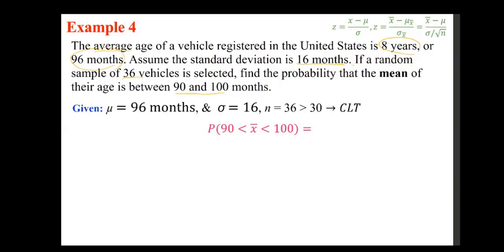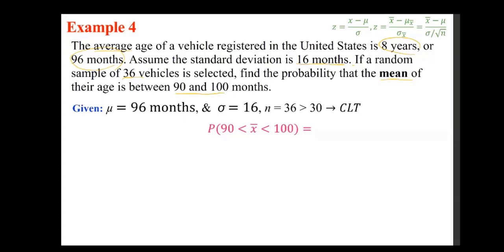Probability of X bar. And it's extremely important you pay attention to that. Do we use X or X bar? It's very simple. Find the probability of the mean. So with that being the case, we have to use the z-score. Z is x bar minus mu over sigma over square root of n. So for x being 90, we calculate the z-score.